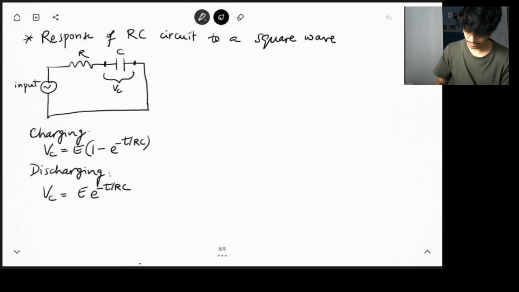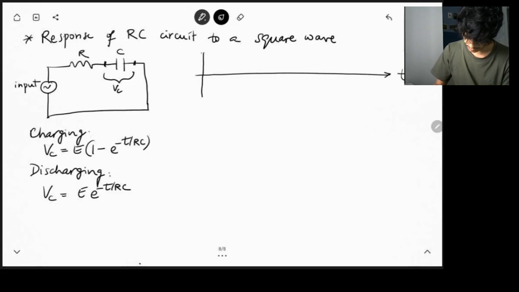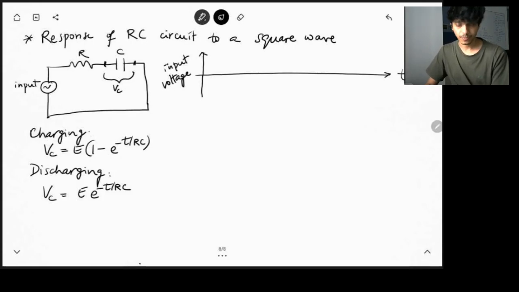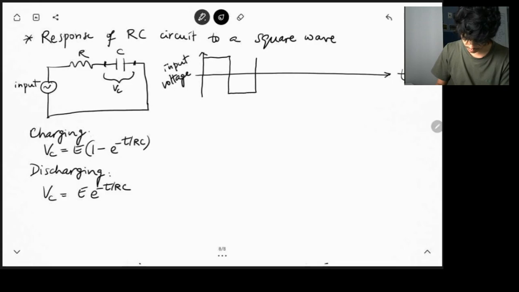So now, here comes an interesting diagram. So this is my input voltage. My input is a square wave. What a square wave means is, first it has some high value of the voltage, then it becomes low, then high again, then low again, then high again, and so on.